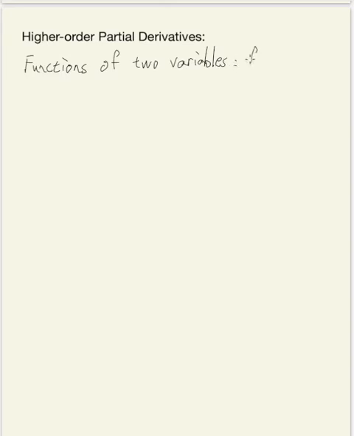Take a function f that depends on x and y. Now suppose they're all differentiable. I'm going to skip the parentheses x and y here, but just keep in mind that they are all functions of x and y.